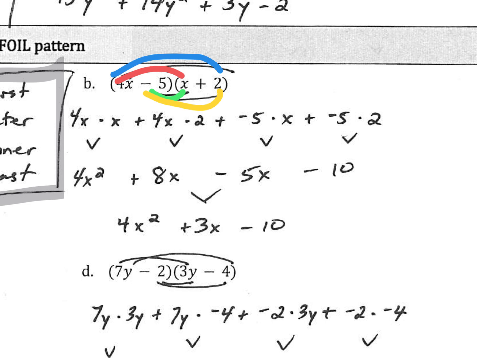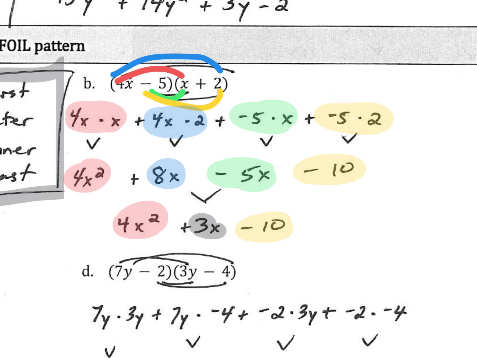Sorry, that should be in red. 4x times x is in red. Now 4x times 2 is in blue. We get 8x. Negative 5 times x is in green. We get negative 5x. And negative 5 times 2, you get negative 10. For the last step, you can bring down the terms on the outside because there's nothing else to combine them with. But we can combine 8 and negative 5 to get positive 3.